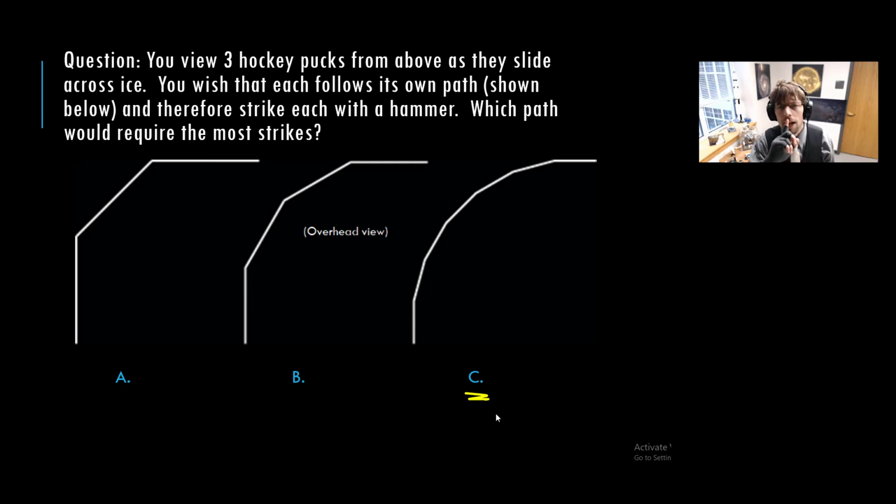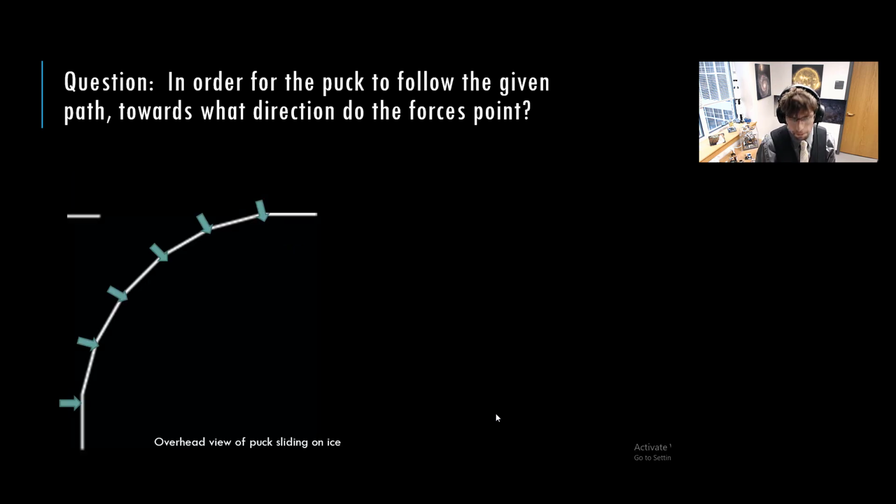Oh, I should ask another corollary question. Object C changes direction the most often. Which object looks the closest to a circle? Yeah, object C. Okay, good. Next question for you.